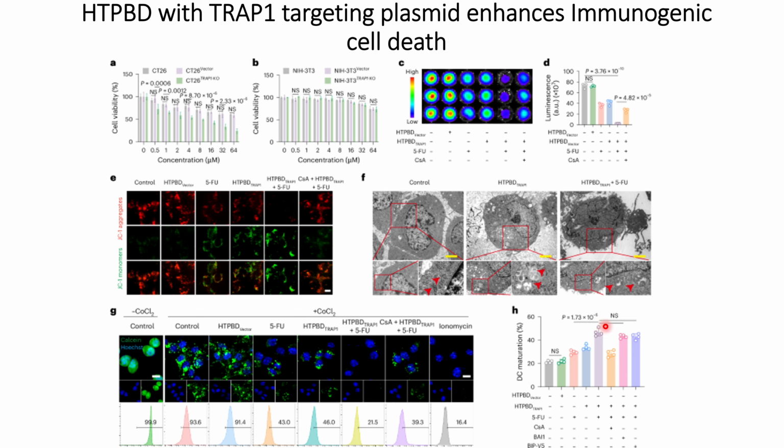Results are highest for that, and some of the control results are shown here, where they use BIPV5 and BAL1 with HTPBD and 5FU. This indicates that HTPBD TRAP1 can be combined synergistically with other immunotherapies to increase the specificity of the treatment.